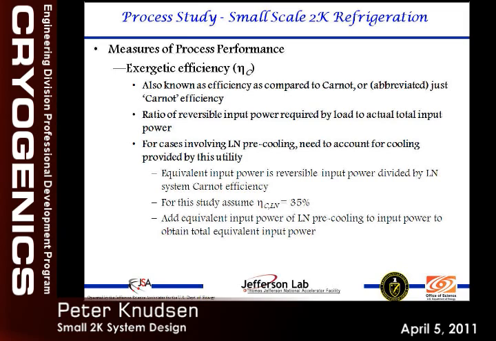I think Rao mentioned this in his previous lectures, but sometimes we'll call it the Carnot efficiency. That's loose terminology. It's probably better to call it the efficiency as compared to Carnot. It's the ratio of the reversible input power required by a load to the actual input power required.